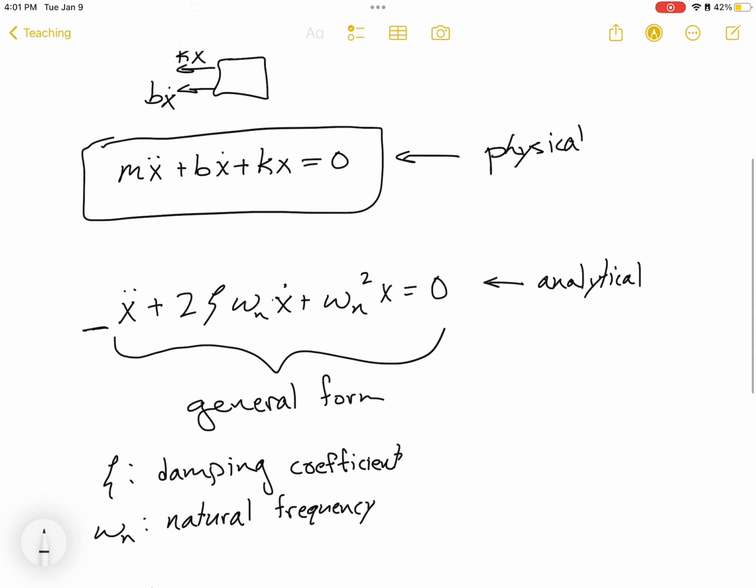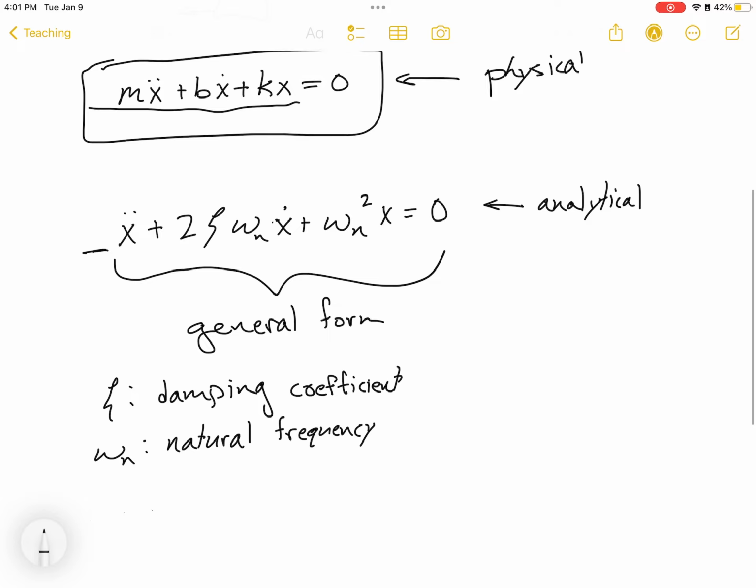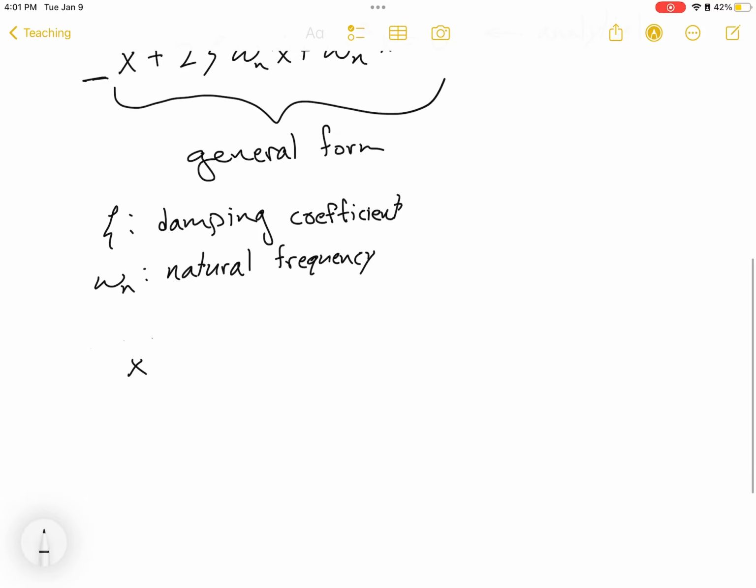So if we divide this entire equation by m, we get x double dot plus b over m x dot plus k over m x equals 0.